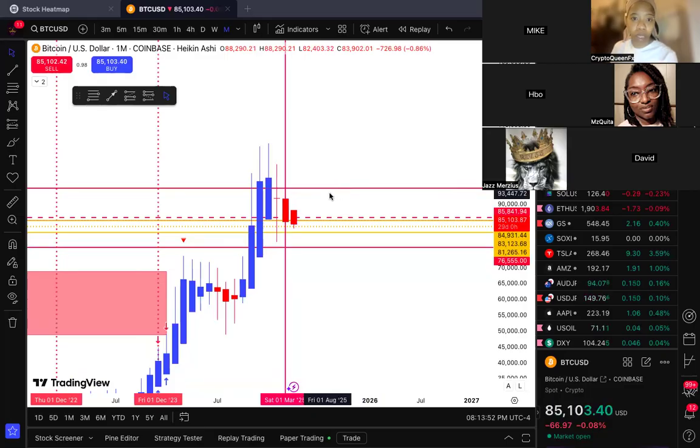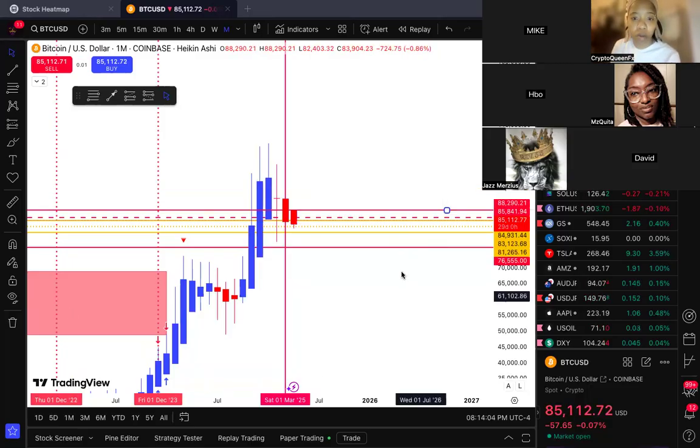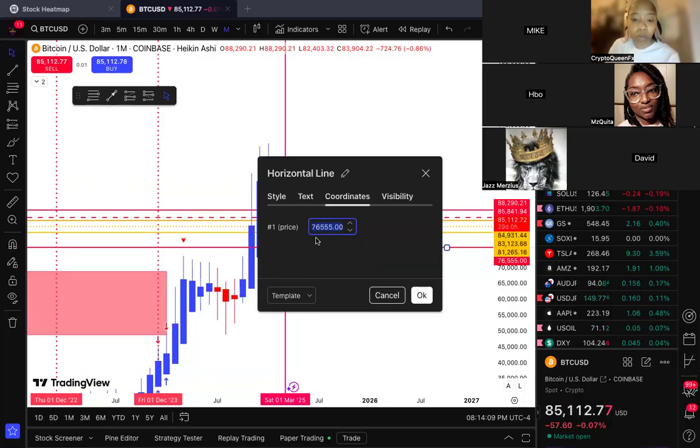Monthly high is 88,290 and 21 cents. The low is 82,403 and 32 cents.